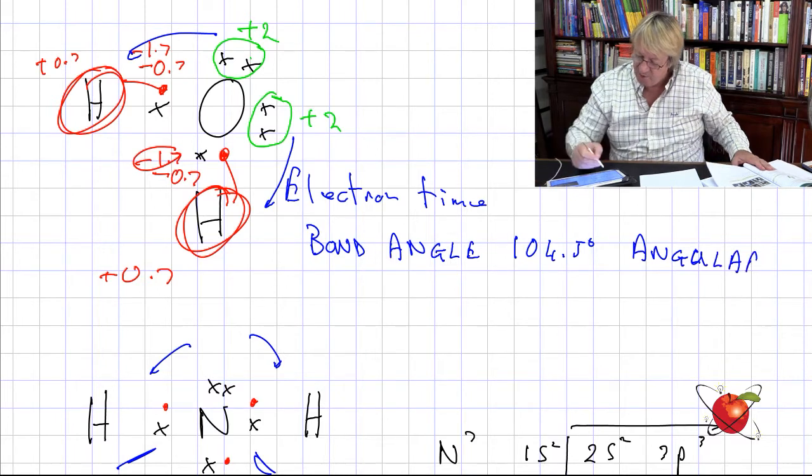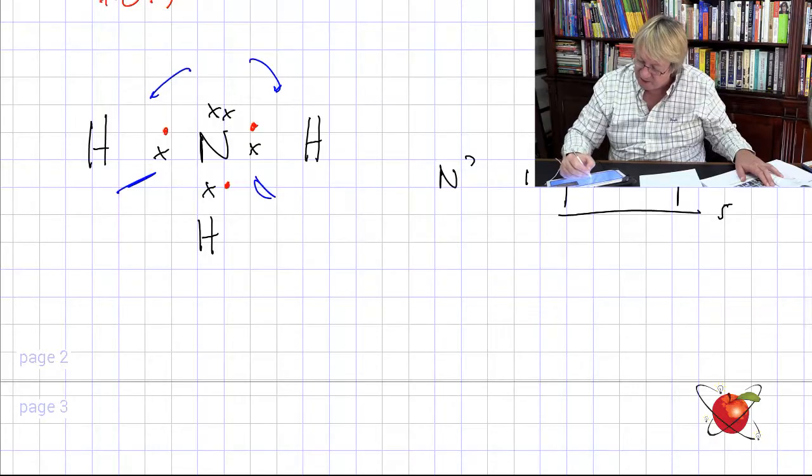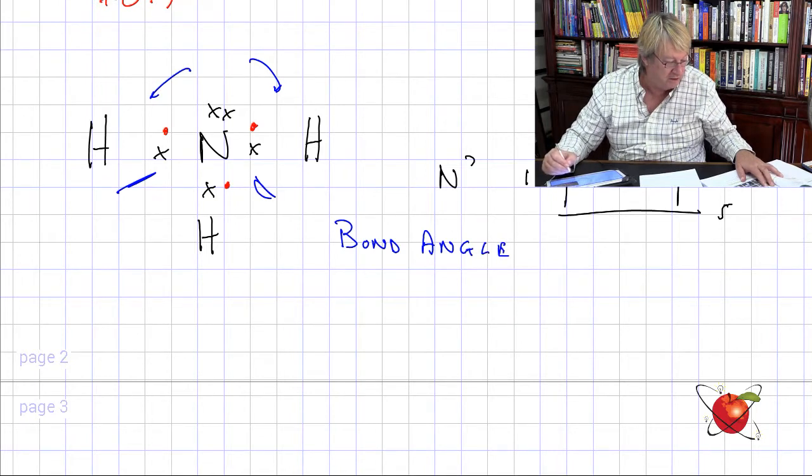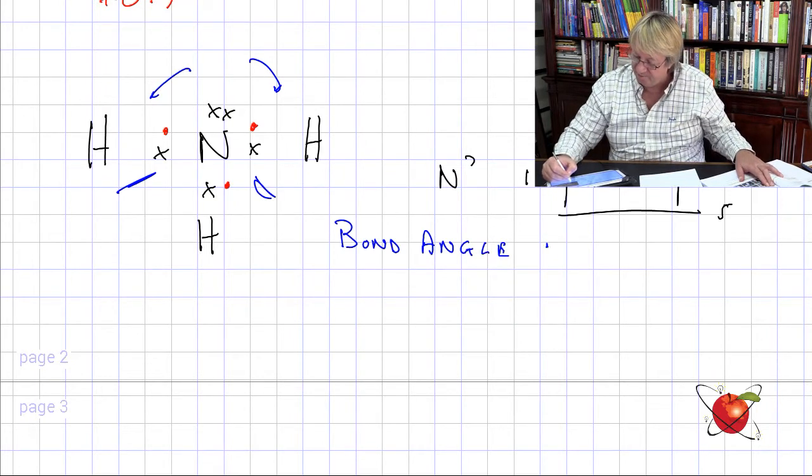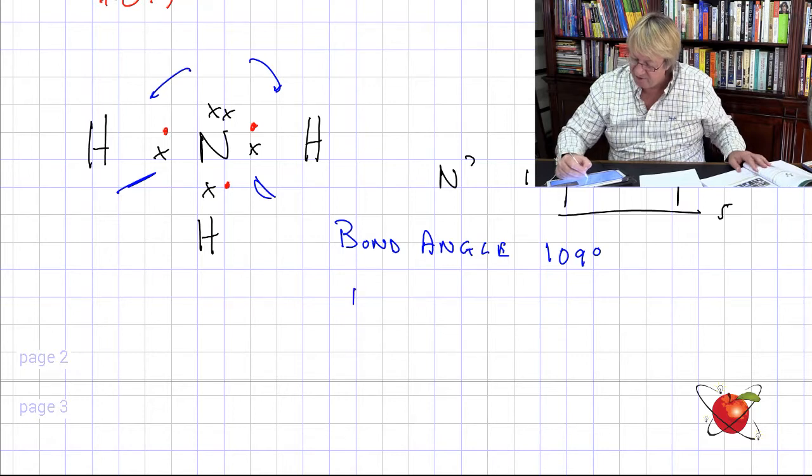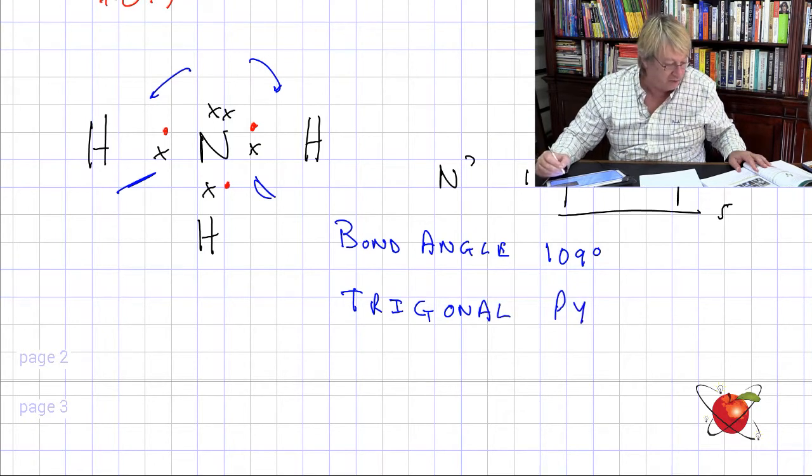It's angular with 104.5 degrees. The nitrogen is trigonal pyramidal, and it's 109 degrees. It has a bond angle of 109 degrees, and it's trigonal pyramidal.